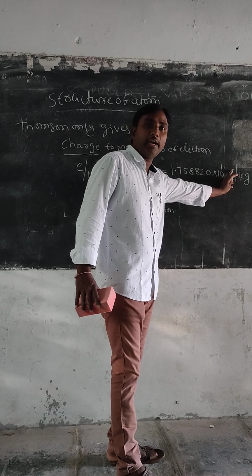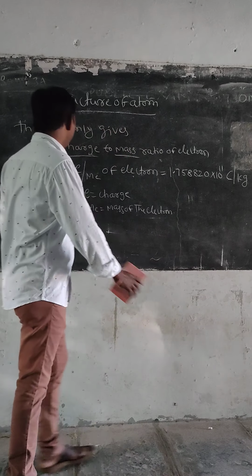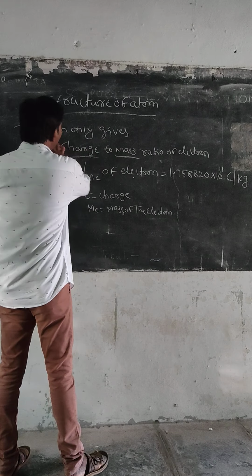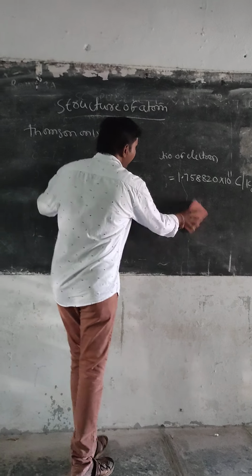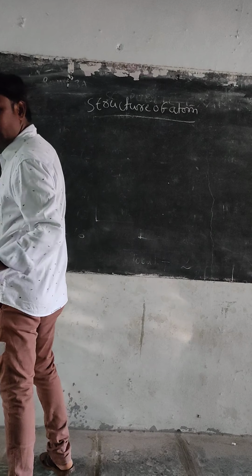Here coulombs indicates charge, kilograms indicates mass. This is the charge to mass ratio of the electron, given by J.J. Thomson.